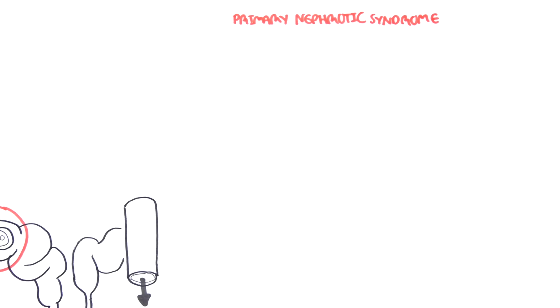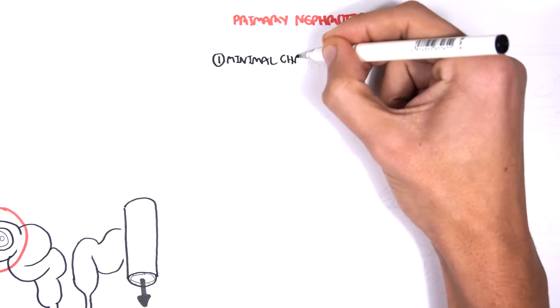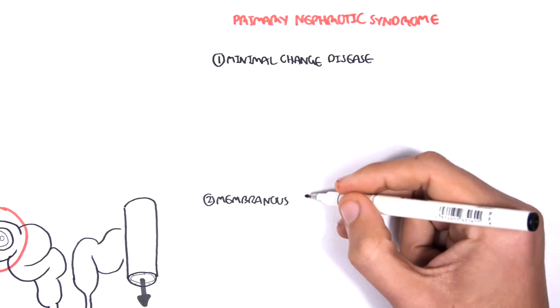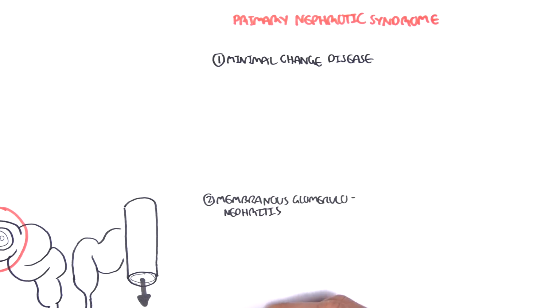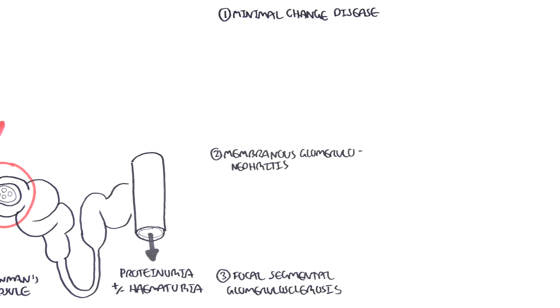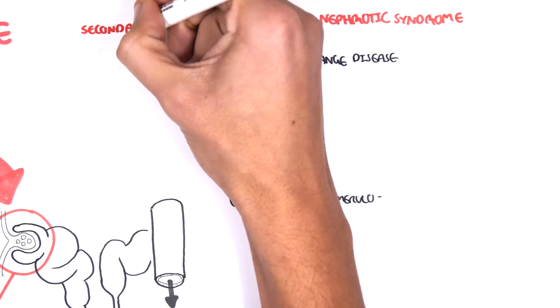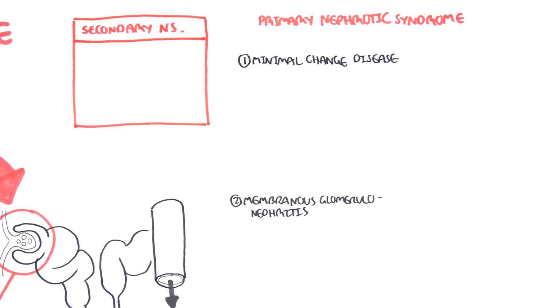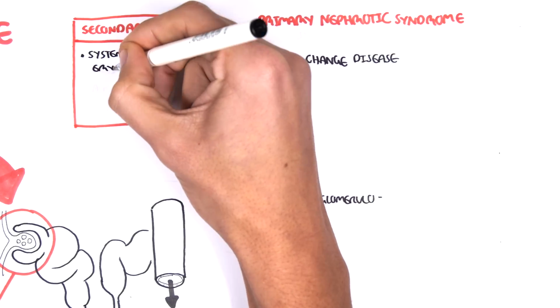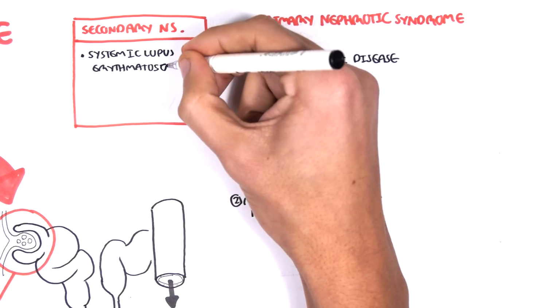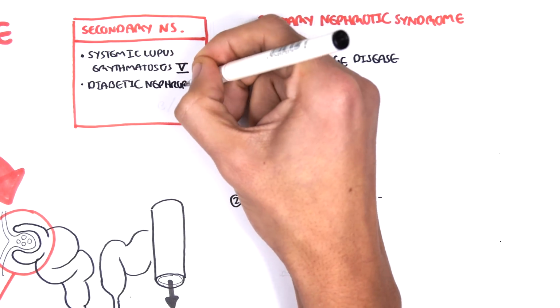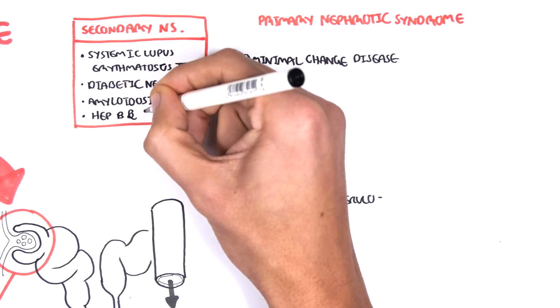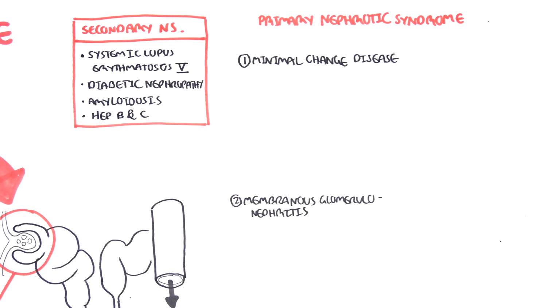The main primary nephrotic syndromes are minimal change disease, membranous glomerulonephritis, and focal segmental glomerulosclerosis. Secondary nephrotic syndrome, as the name suggests, occurs because of another disease or another cause. Common examples include systemic lupus erythematosus, diabetic nephropathy, amyloidosis, hepatitis B, hepatitis C, and HIV.